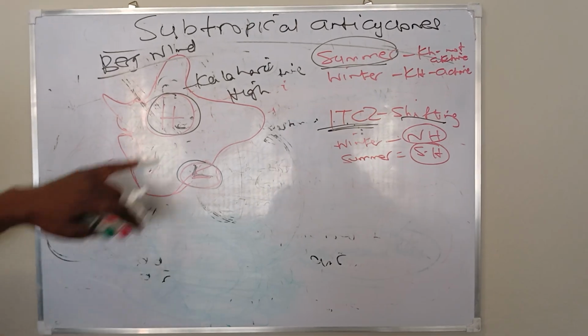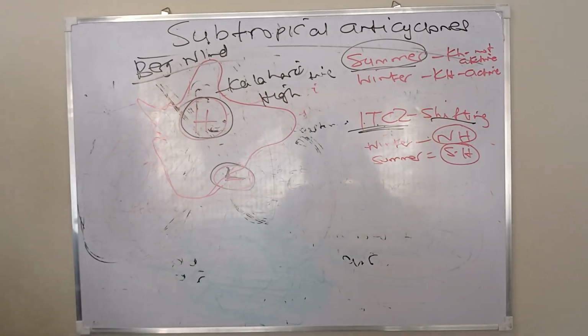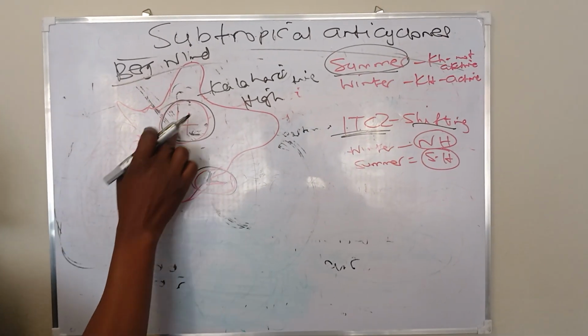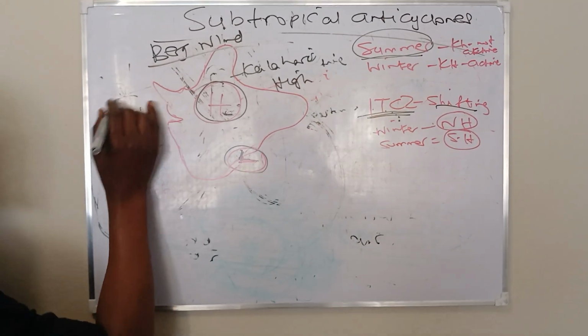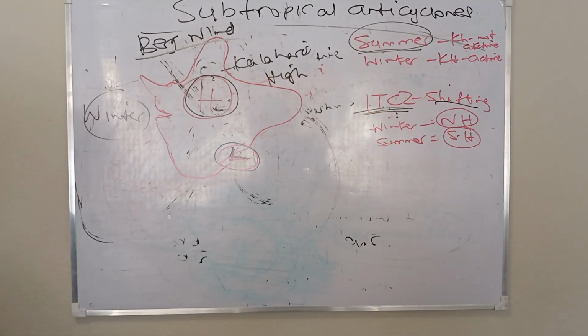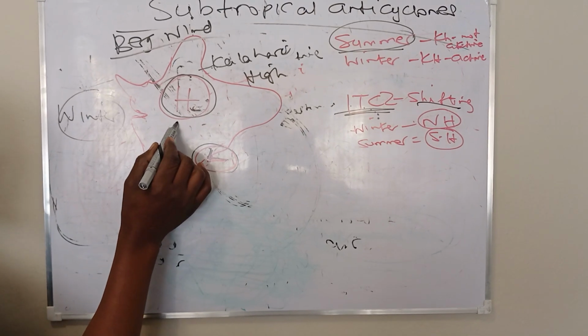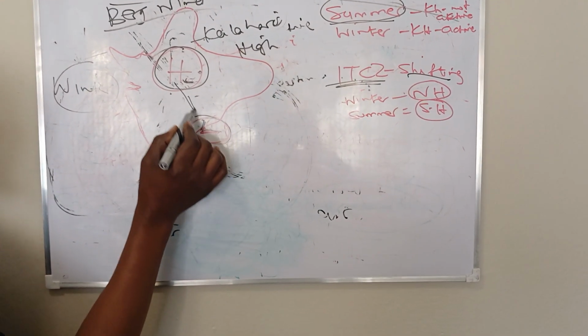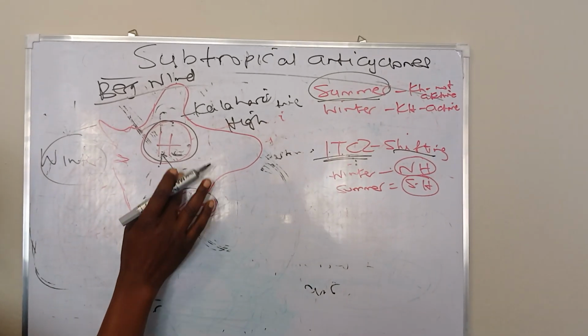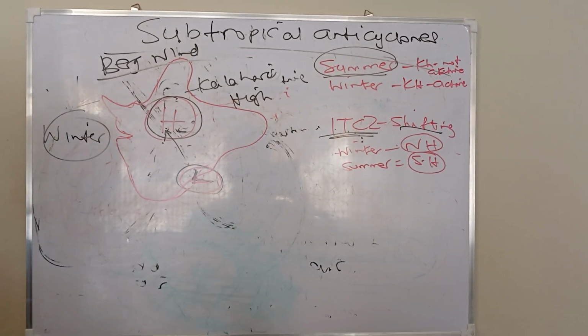So we are saying this is the dry wind that is moving from the interior, where we have got our Kalahari High, usually in winter. This dry, warm wind is blowing from the interior towards the coast. It's warmed adiabatically.